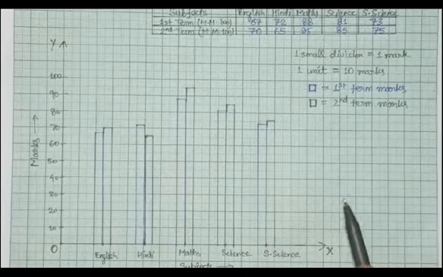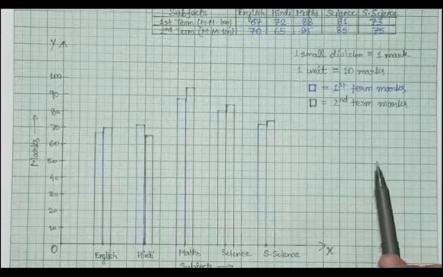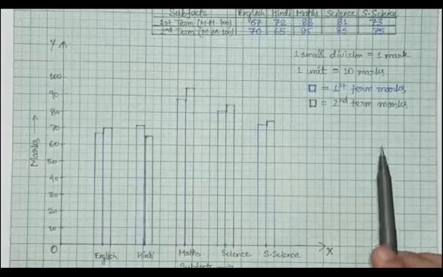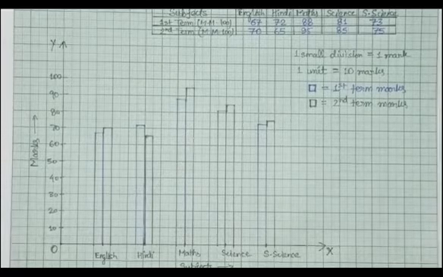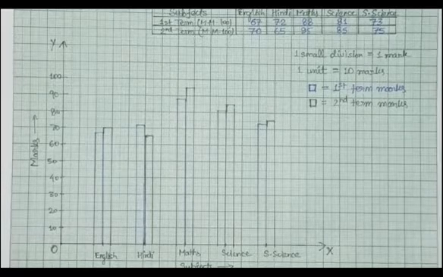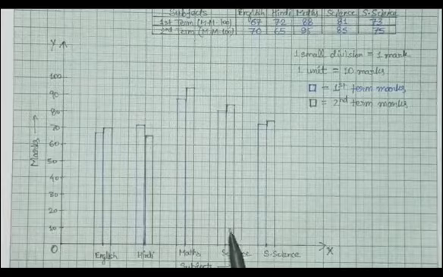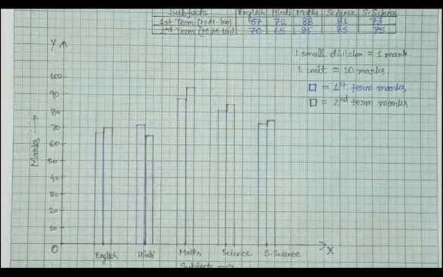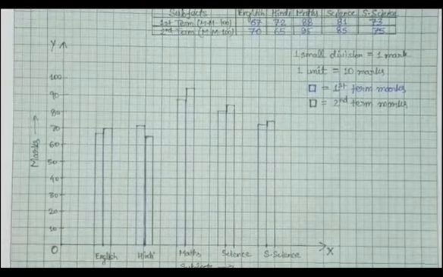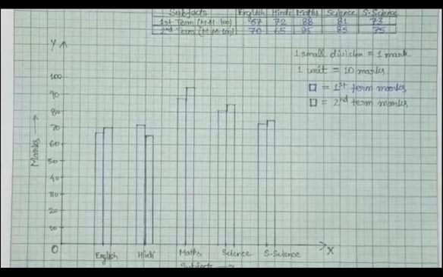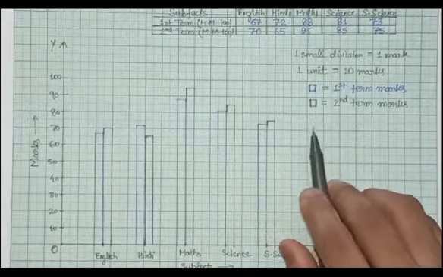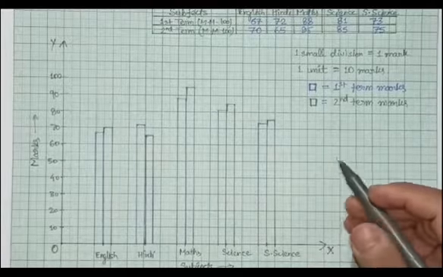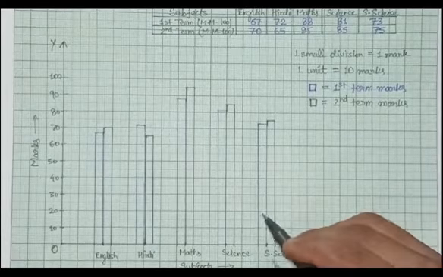So our first question is, in which subject has the child improved his performance the most? As we have to find the improvement in which the child has performed most, so we have to observe only bars of those subjects in which height of the black bar is greater than height of the blue bar.